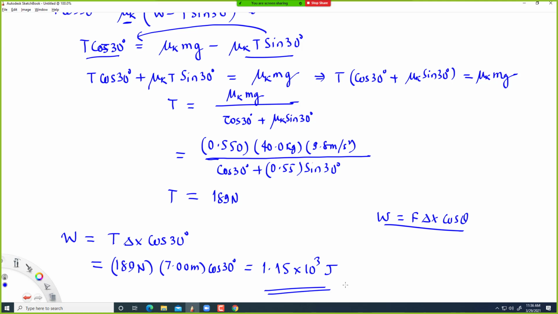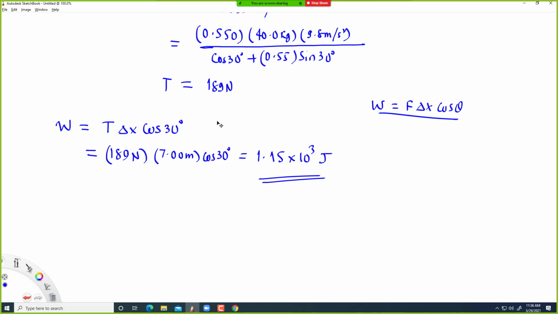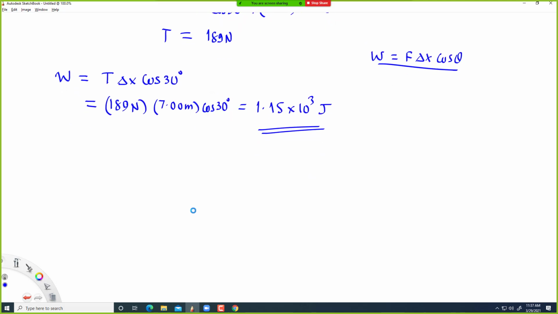Okay, so let's look at number 5. Please read the question. The driver of a 1,000-kilogram car traveling on the interstate at 35 meters per second slams on his brakes to avoid hitting a second vehicle in front of him, which had come to rest because of congestion ahead.